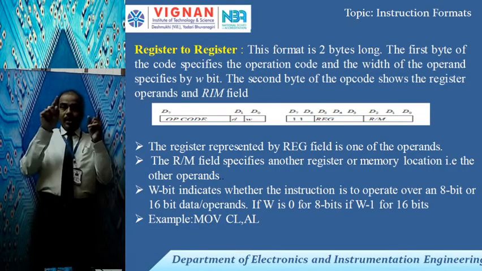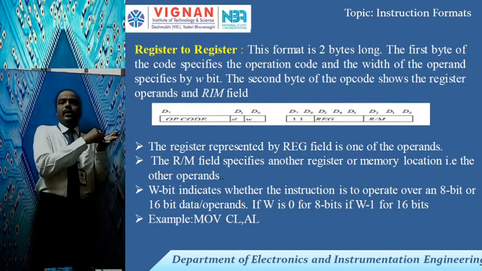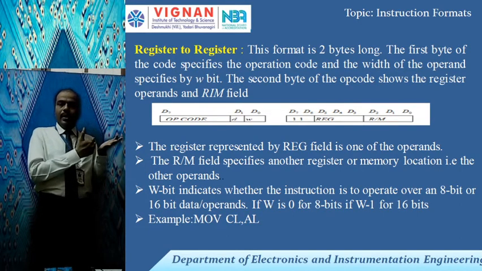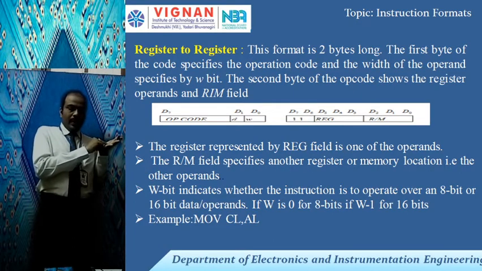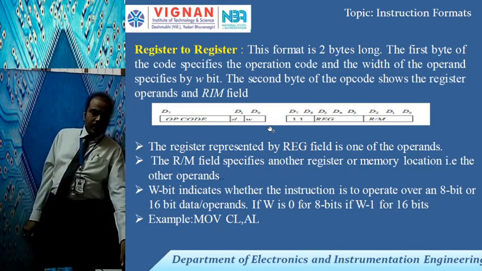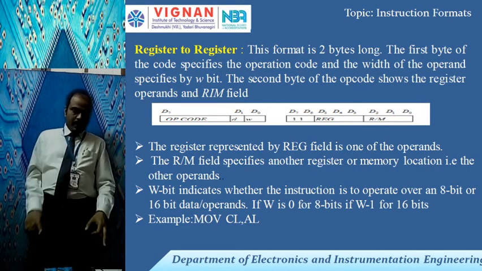In the machine language first byte, every instruction, like MOV or SUB, has its own separate binary code. In that 8 bits, the LSB bit is the W bit: if it is 0, that is for 8 bits, if it is 1, that is for 16 bits data.